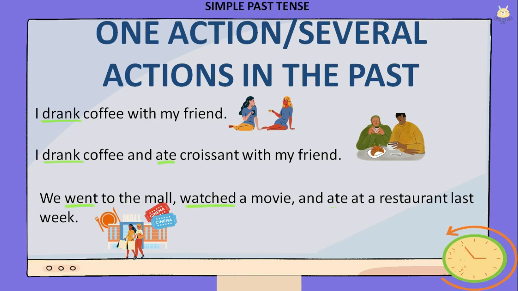You cannot say we went to the mall watching a movie and ate at a restaurant last week. There is no balance in the sentence if that's how you compose it. So make sure that they are all in the simple past tense. If you're using the simple present tense, make sure they are all in the simple present tense. If you choose the present progressive tense, then make sure they are all in the -ing form.